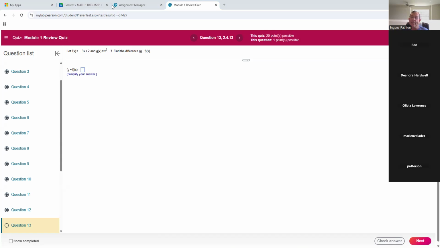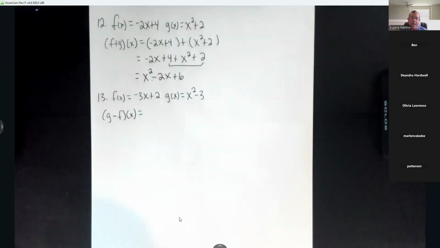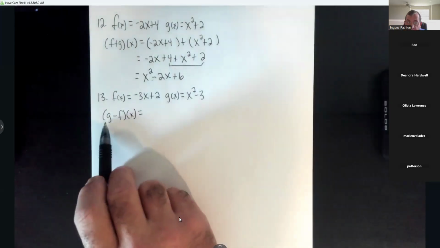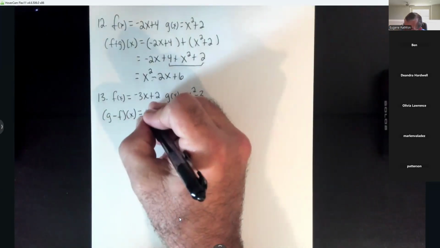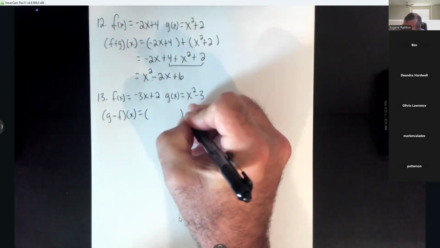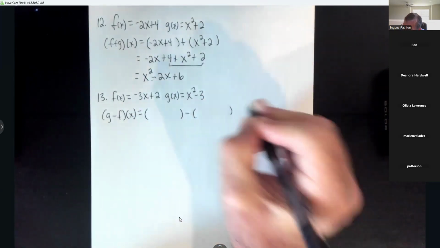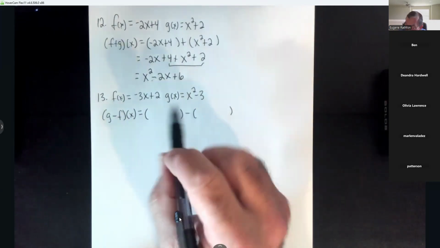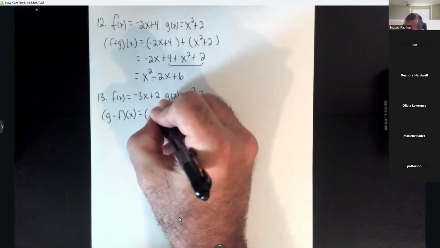So once again, they gave us no numbers for this one, so all we can do is simplify it and combine like terms and all that fun stuff. Now this is g minus f, so this will be my g minus my f. Well, g was x squared minus 3.